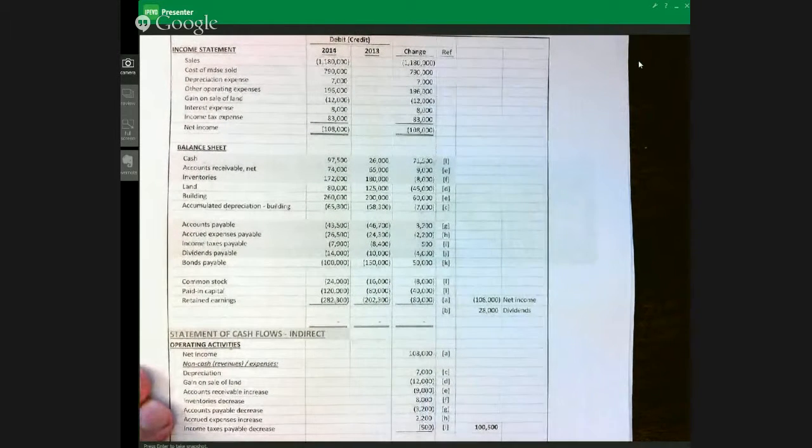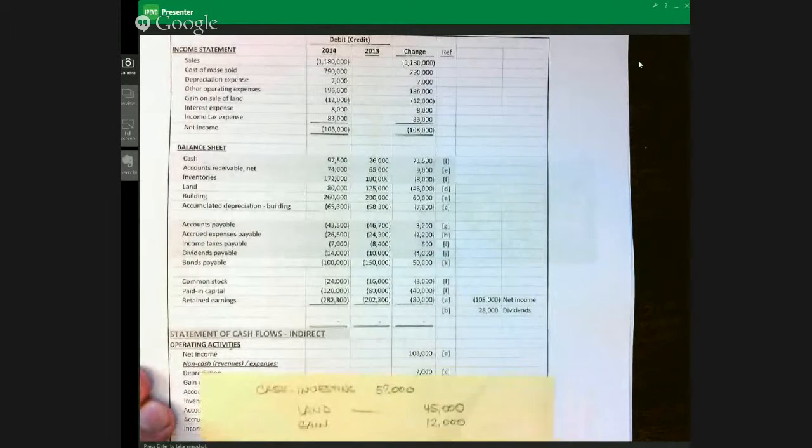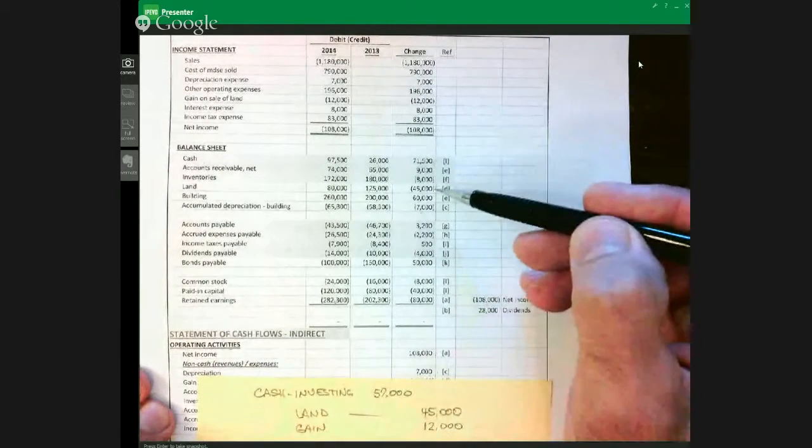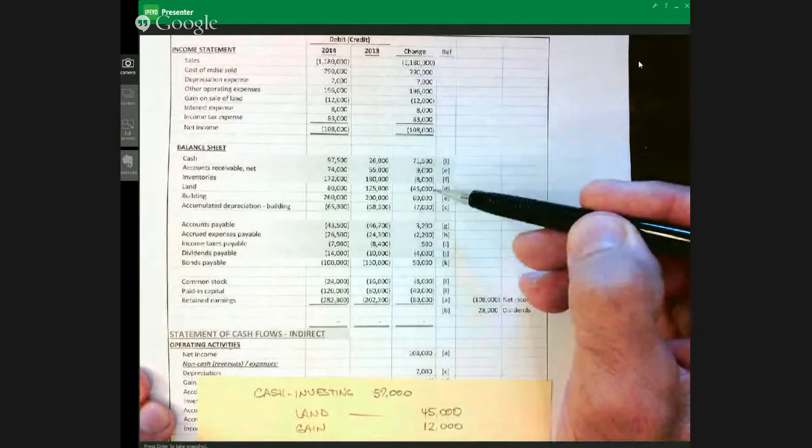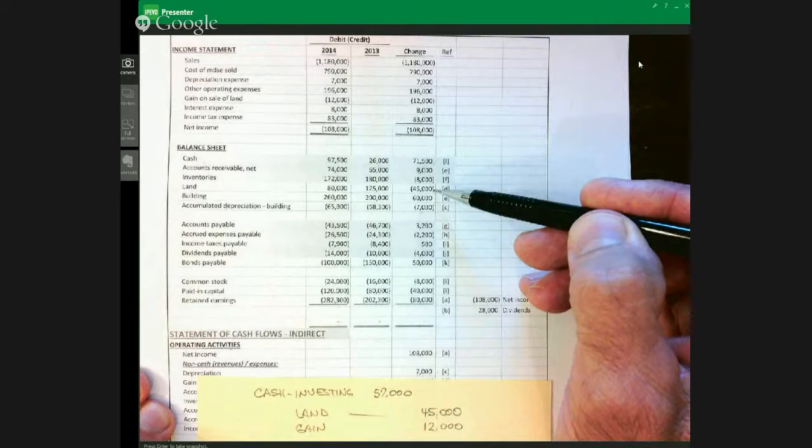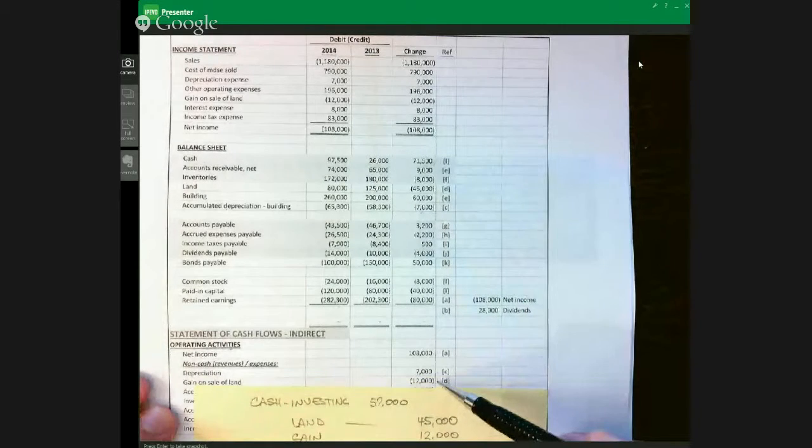In short, this particular entry would involve a $45,000 decrease in land. We would show an adjustment to net income credit of $12,000.